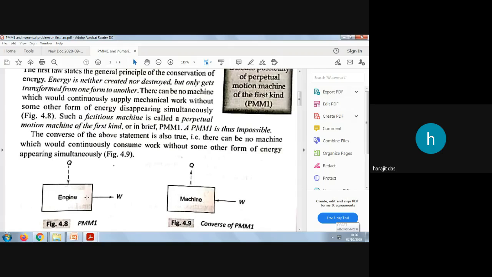Means from an engine, without giving any kind of source, just heat. You can take the example of coal. If you do not heat, you cannot produce work. Means if you are getting work, that equivalent amount of heat you need to introduce to the system.